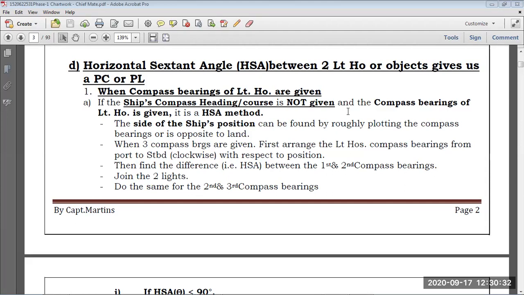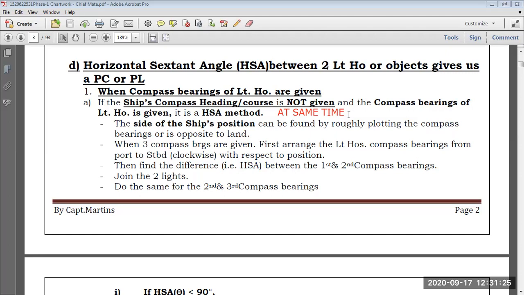Whenever we are given compass bearings, you can be almost sure that it is your horizontal sextant angle method if it is at the same time. And the side of the ship position can be found out roughly by plotting the compass bearings, towards or opposite to land. So remember, for horizontal sextant angle, compass bearings are given at the same time.